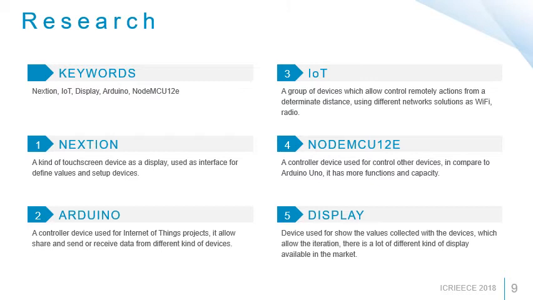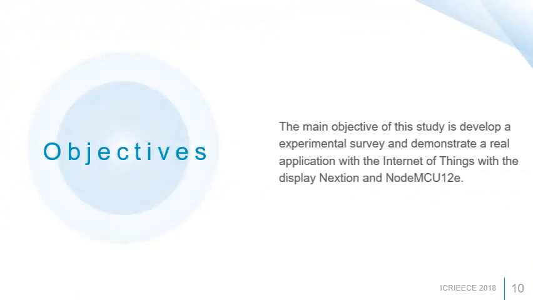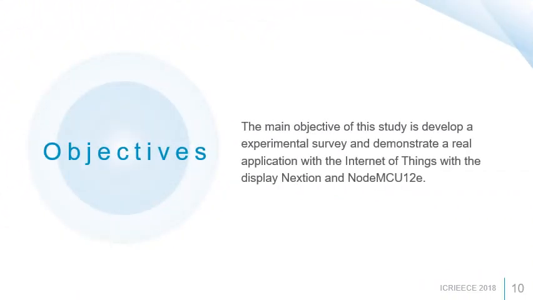Display, a device used to show the values collected with the device, which allows interaction. There are a lot of different kinds of displays available in the market. The main objective of this study is to develop an experimental survey and demonstrate a real application with the Internet of Things with the Nextion display and NodeMCU12e.